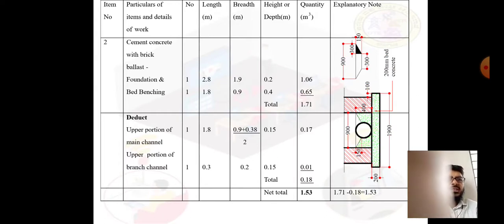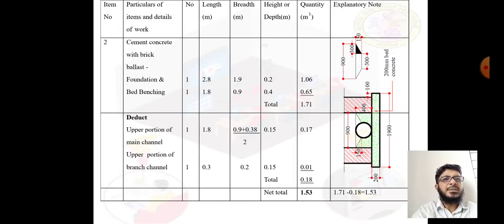Next, the branch line is joining. Its length is 0.3 meter, and its diameter is 0.2. We will consider it as square only, so 200 diameter means 200 into 200 cutting.